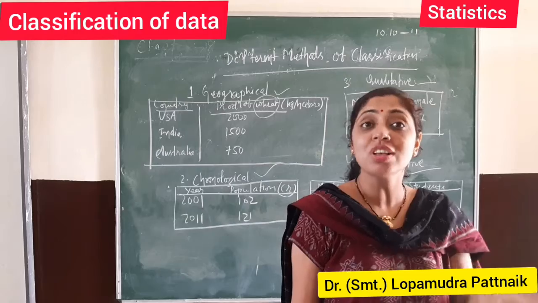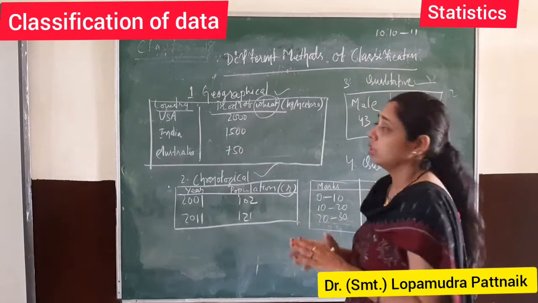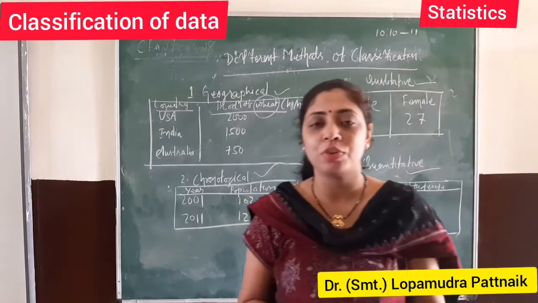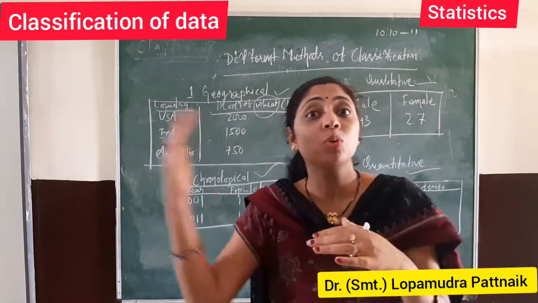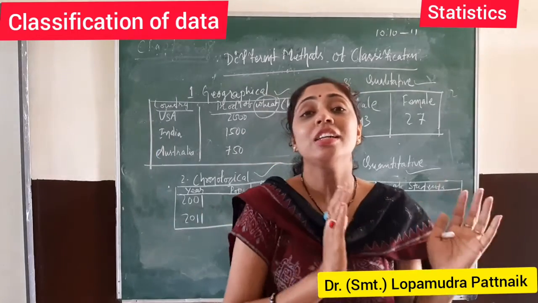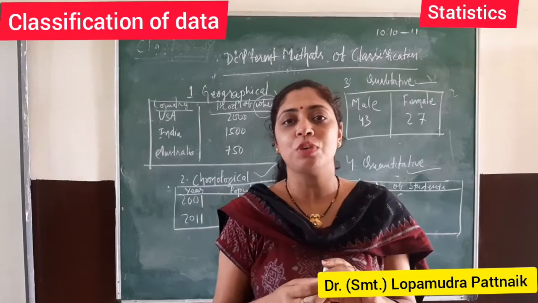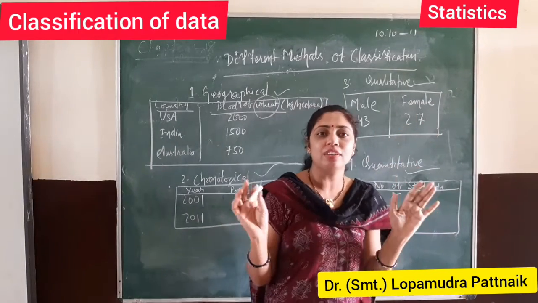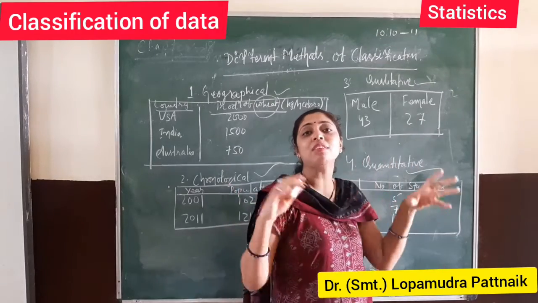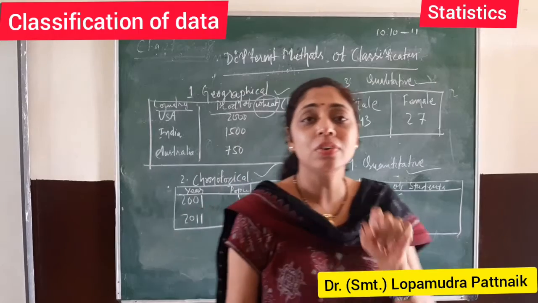If we are going for such kind of classification of data, that is known as qualitative classification. Rich or poor, we are not saying that up to this income, up to that income. Rich or poor, we are deciding very subjectively when we are classifying the data. It is not objective, that is known as qualitative classification.